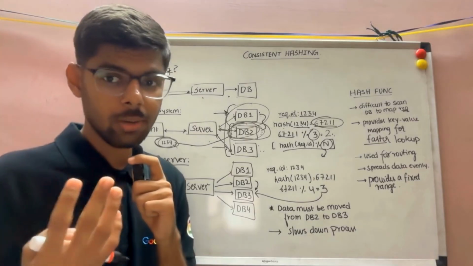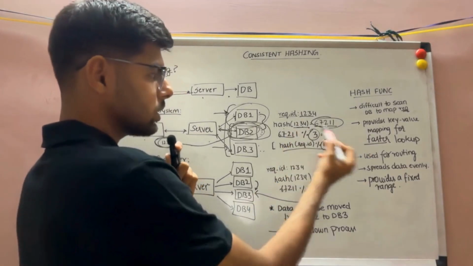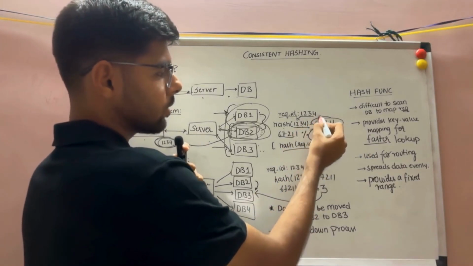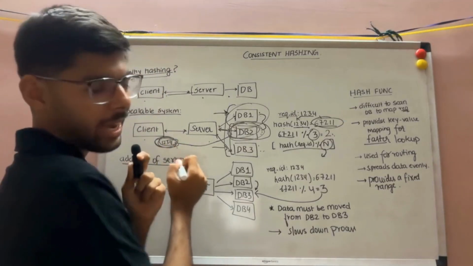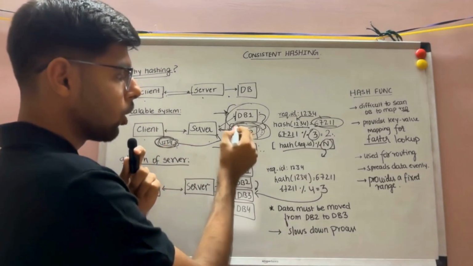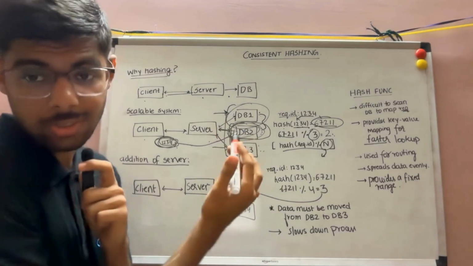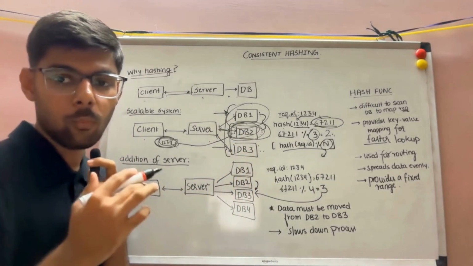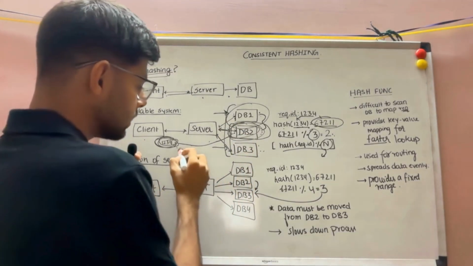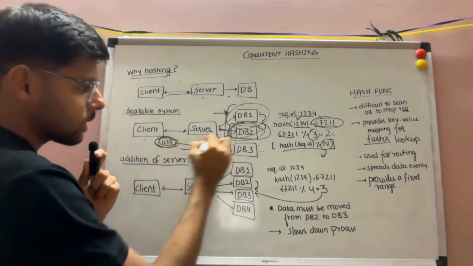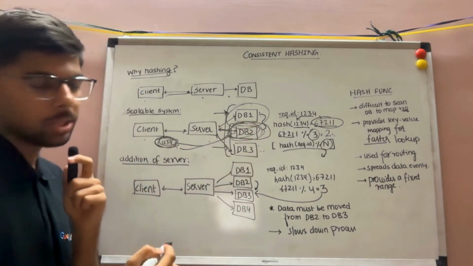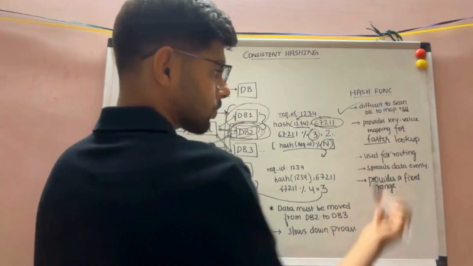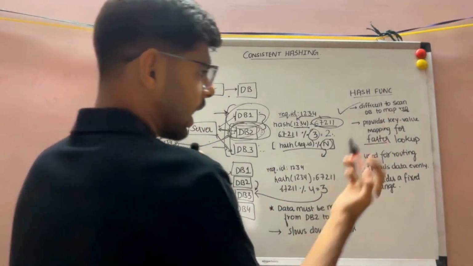This is not feasible. So that is why hash functions give this key value pair, that is, with this request ID you can directly get to know which database server the data is stored in. What problem does this solve? It saves time. It gives a direct address or routing. So that is why hash functions are used.